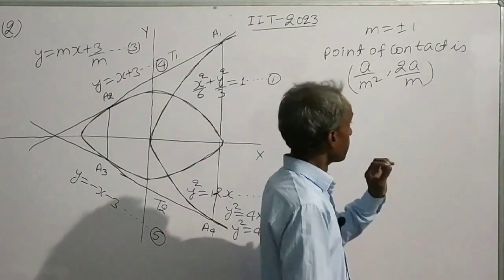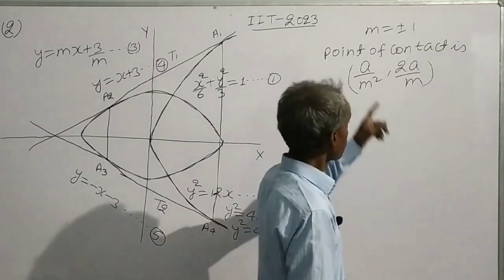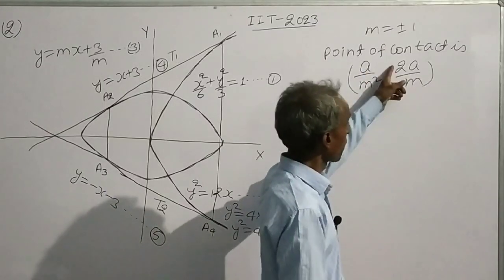Tangent with slope m touches the parabola at a by m square, 2a by m.